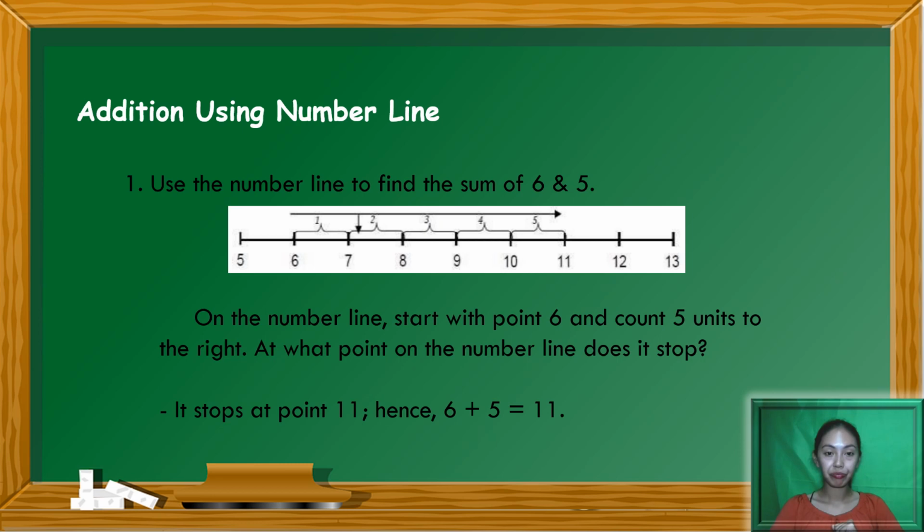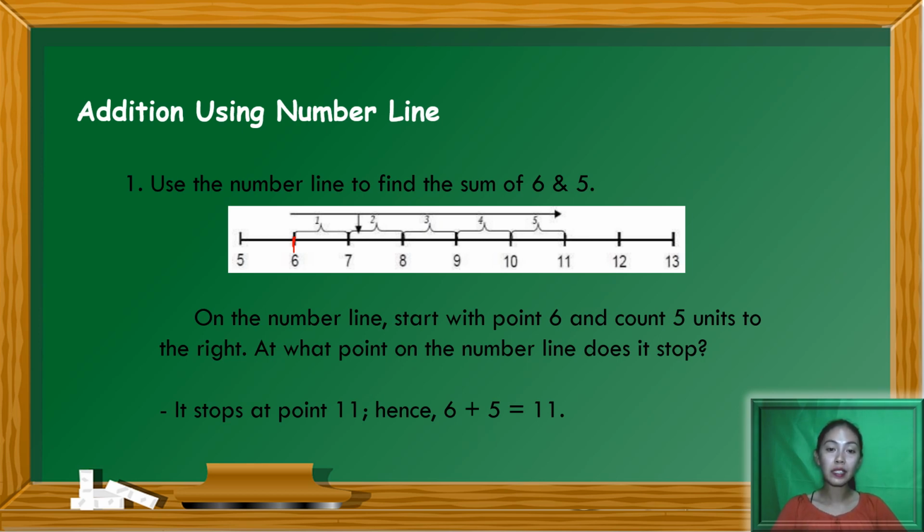So on the number line, start with 6, and count 5 units to the right. Why do we go to the right? Because 5 is positive. So again, if the second number is positive, you count to the right.